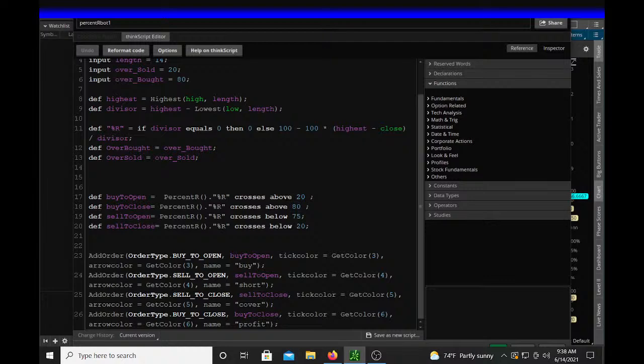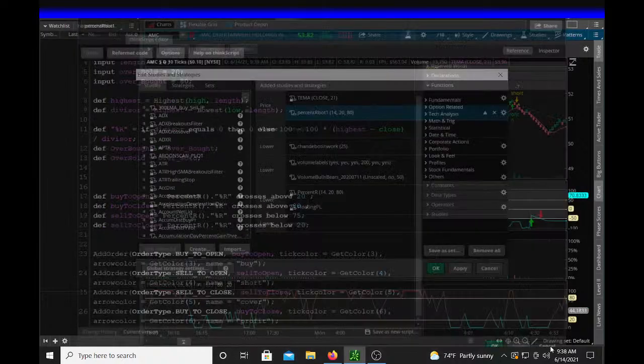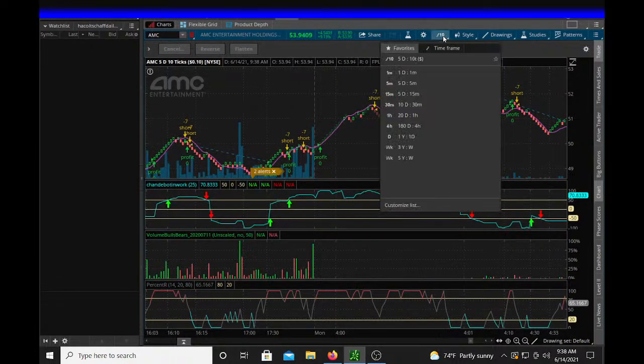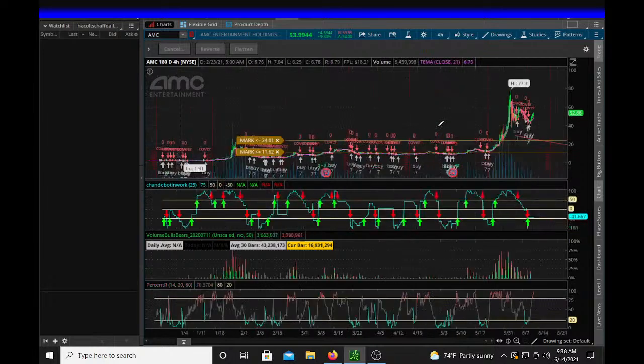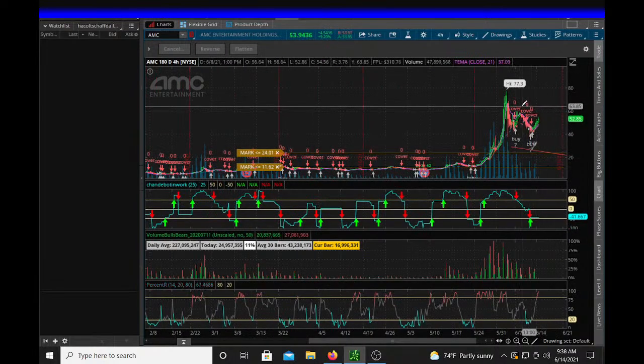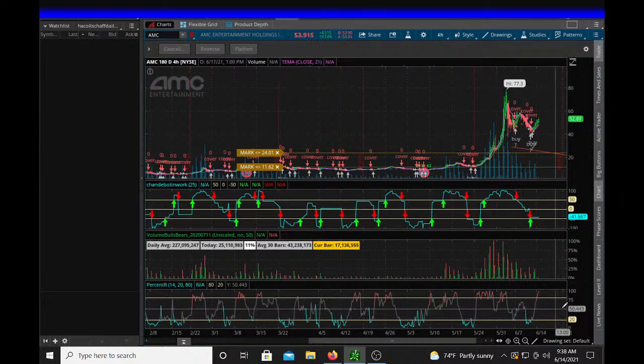And buy to open when it crosses above 20. Okay. I gotcha.